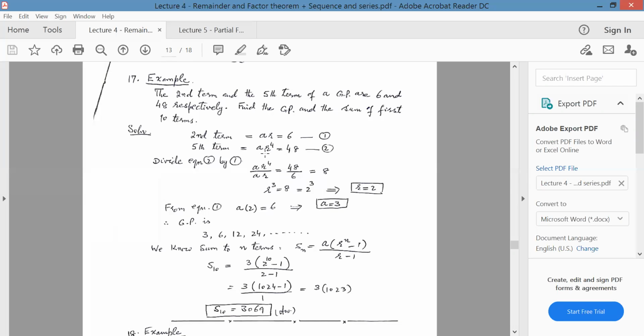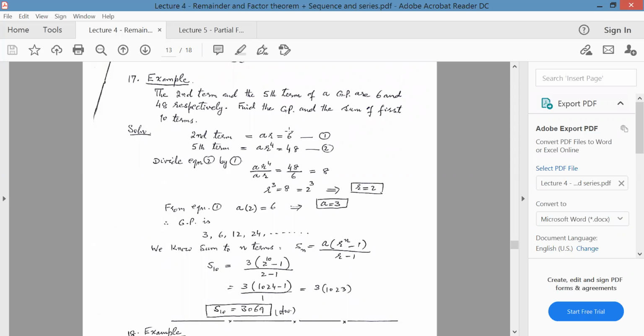This is the general form of a GP series. Their values are given, so I have written them. And give the numbering to these two equations, equation number 1 and equation number 2. You divide equation number 2, because its power is bigger, by equation number 1. So ar power 4 divided by ar equals, the left hand side will be divided by left hand side.